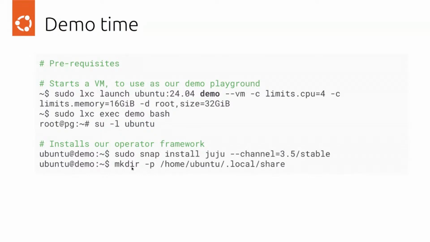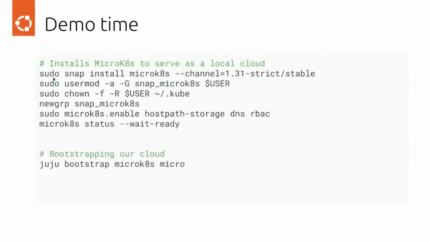This is just to make sure that Juju is able to be installed. And here we are using MicroK8s to serve as a local cloud or local Kubernetes installation. So all of this is just to make sure that we have all the services running, and that's it. And then the last step would be to juju bootstrap microk8s.